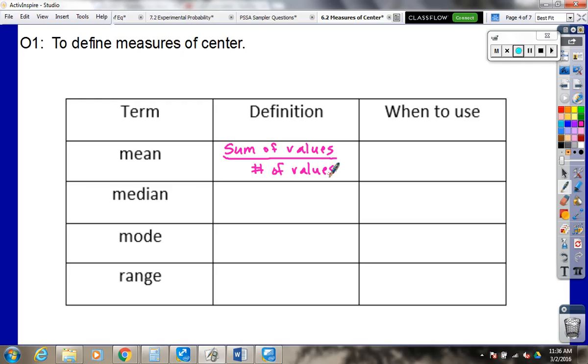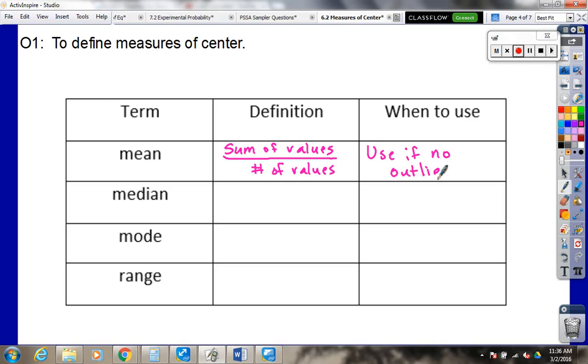We're going to add up all of those test scores, and then we're going to divide by 5, and that's going to give us our mean. We use the mean most of the time. That's a really good measure of center as long as there's no outlier. So use if no outlier.